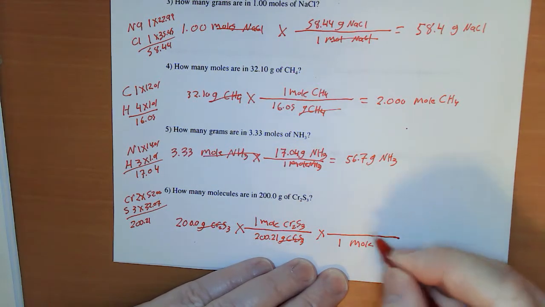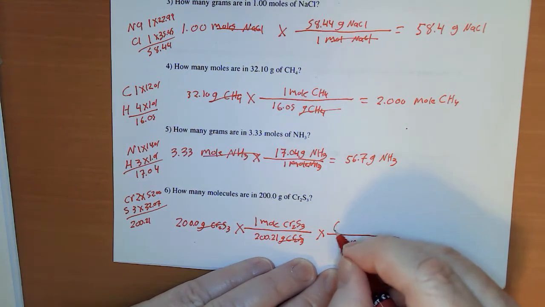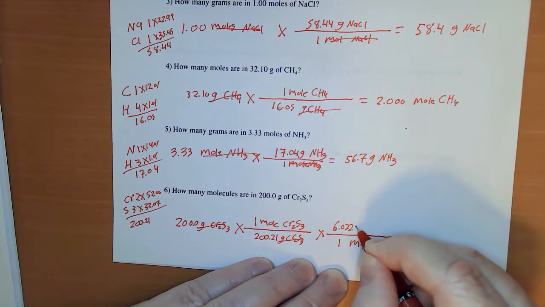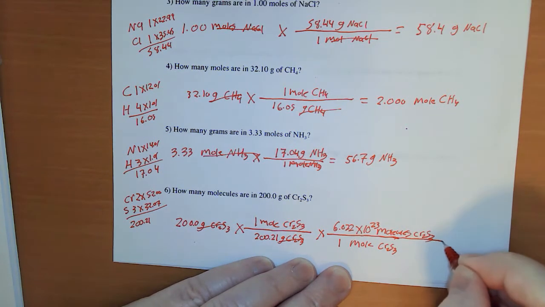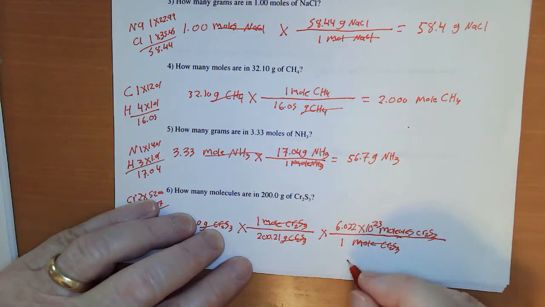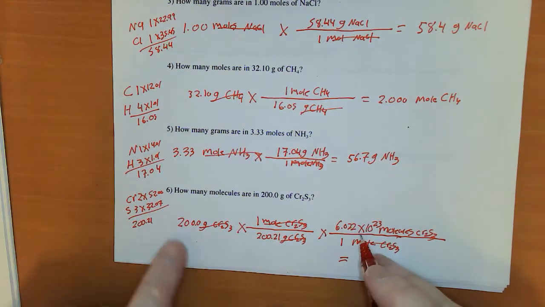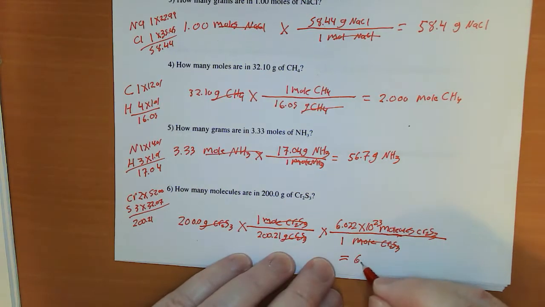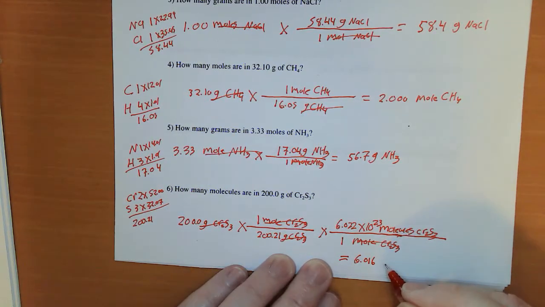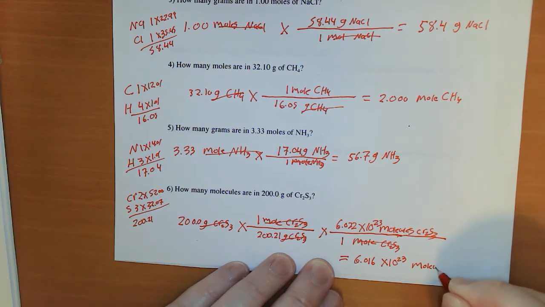Downstairs, I'll write 1 mole, and I can put Cr2S3 if I like, and upstairs 6.022 times 10 to the 23rd. And those moles are going to cancel. And when I ran this one through my calculator, 4 sig figs to the answer, I got 6.016 times 10 to the 23rd molecules.